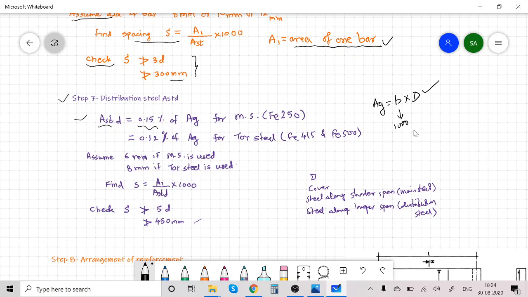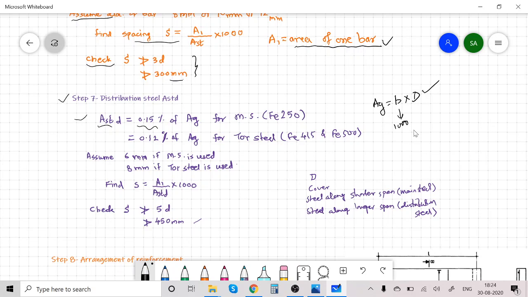So ASTD is 0.15% of A gross for mild steel, that means Fe250, and 0.12% of A gross for torsteel, that is Fe415 and Fe500.